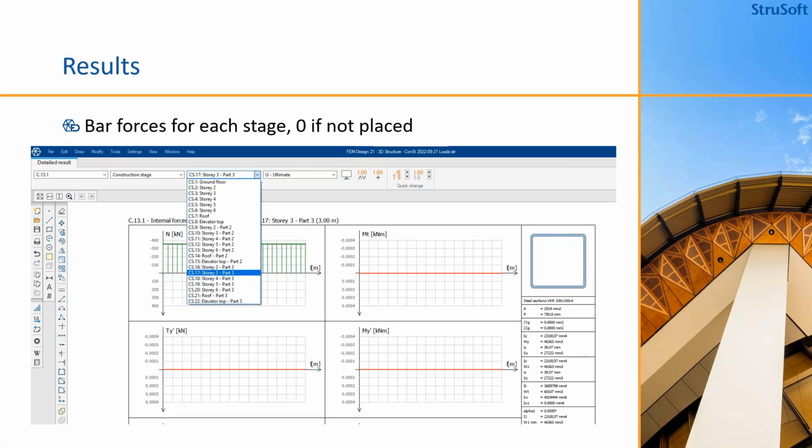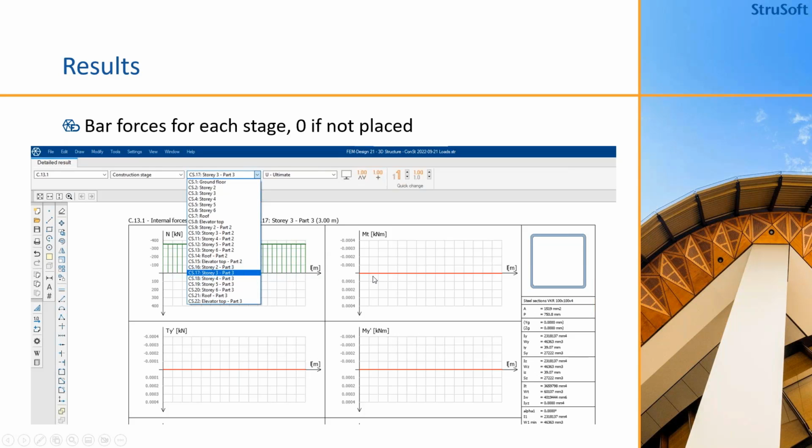It is also possible for the bar forces to get the detailed result, and then it's possible to select what story and what stage you want to look at, and you can get the forces in that stage.